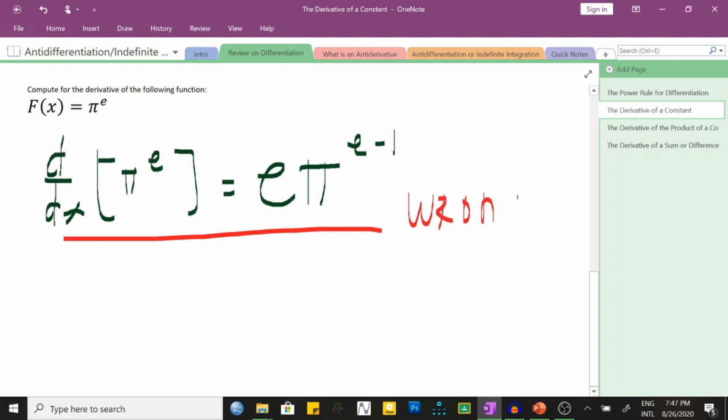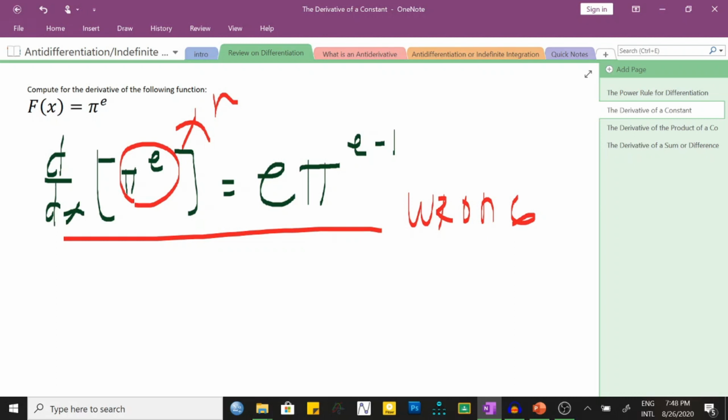Why? Because you are treating this one as x raised to n. That is not the same because pi raised to e is actually a constant. Pi is a constant. If you raise it to another constant, the result would be a constant.